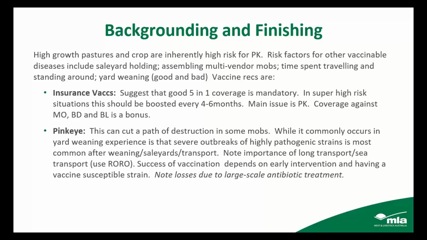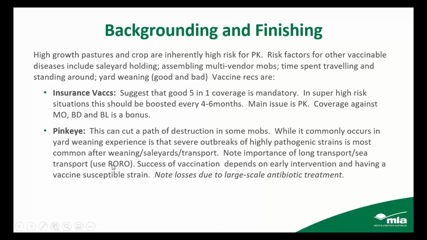One thing that's particularly important to note here, I think, is that sea transport seems to play an abnormally difficult role in this whole sort of pink eye scenario. So when we have droughted cattle coming over from the mainland, pretty much any part of the mainland, whether it's southern Queensland or Victoria, the trip across Bass Strait seems to invariably result in outbreaks of pink eye.